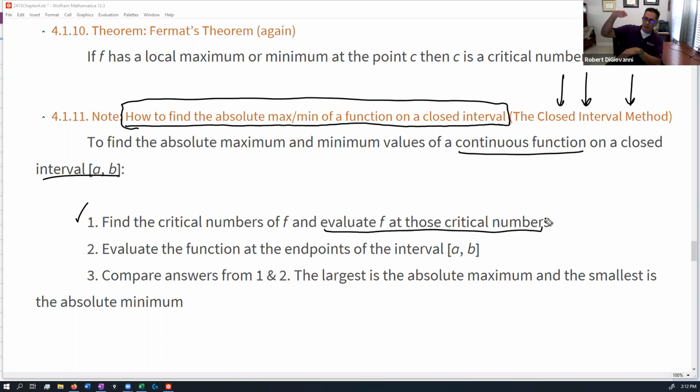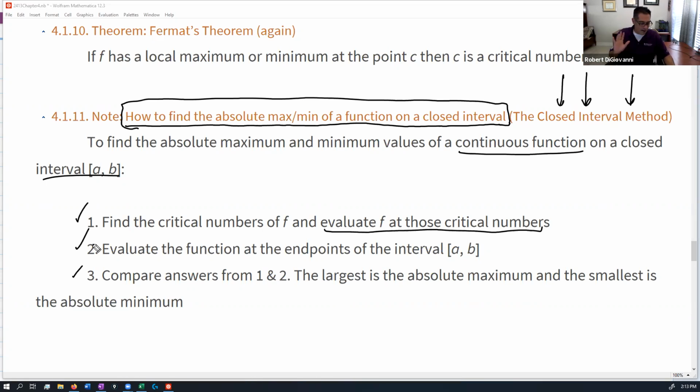Where's the biggest one? Where's the smallest one? Then we also have to check the endpoints, because the highest and lowest values could occur at the endpoints. We compare all of them and pick the biggest number as our max and the smallest as our min. So those are the steps.